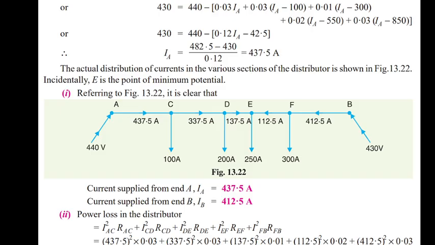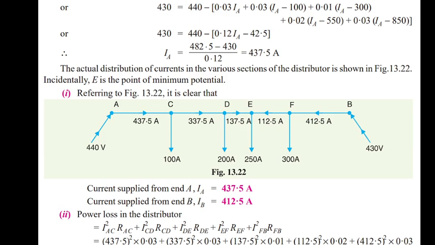Furthermore, the total power loss in the distributor is calculated by summing the losses in each section using Ohm's law. Do you know about this, right? I squared times resistance. So this is the formula.